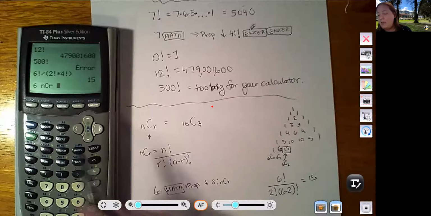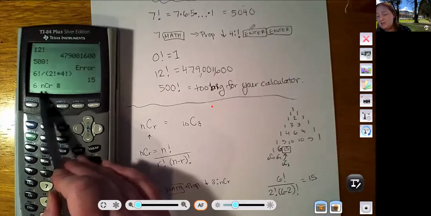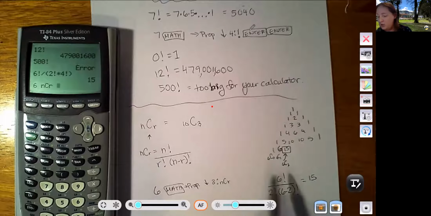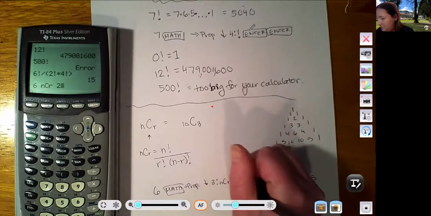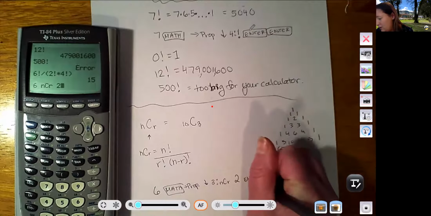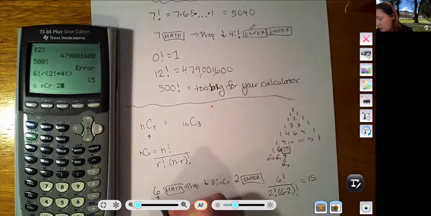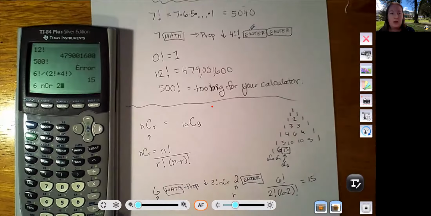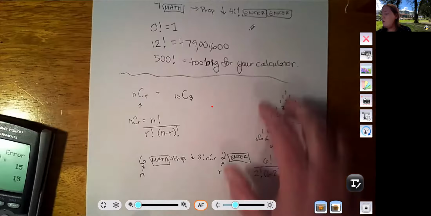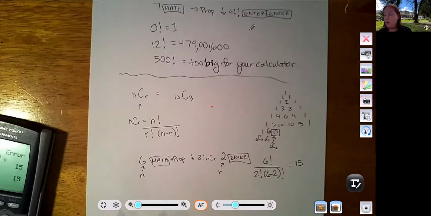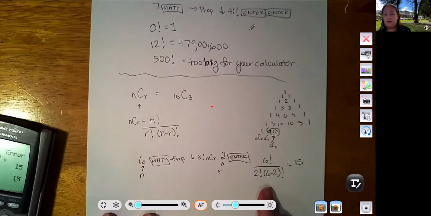And then the n is the 6, and the r is, in this case, we're doing an r of 2. And so the 6 and the 2 are representing the n and the r. And then you hit enter to evaluate. And you will get 15 as well. So there are 3 ways, and the calculator is great when you're trying to find something where it would be so big to do Pascal's triangle, or a lot of extra calculations if you have to use the formula itself.